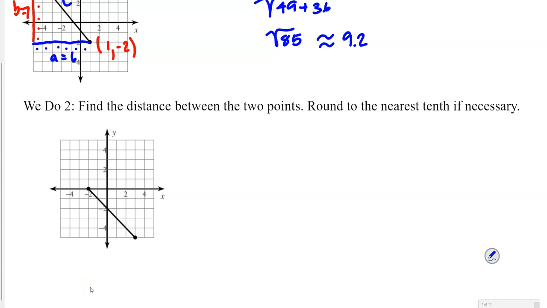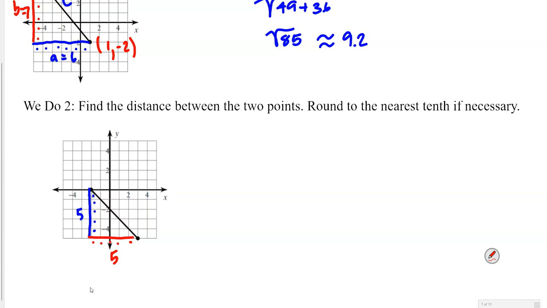Again, going to count here. 1, 2, 3, 4, 5. Going to count over here. 1, 2, 3, 4, 5. So this is going to be my b. This is going to be my a, right? So this is going to be 5 squared plus 5 squared. We're going to take the square root of that. That's going to be our distance again, right?